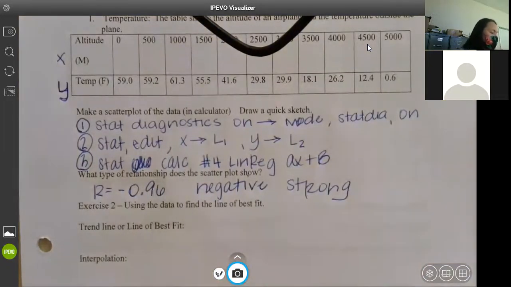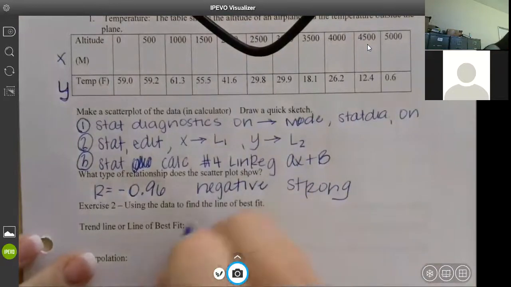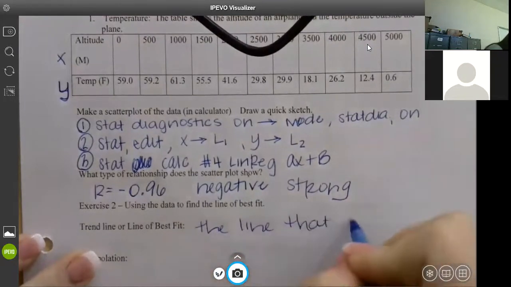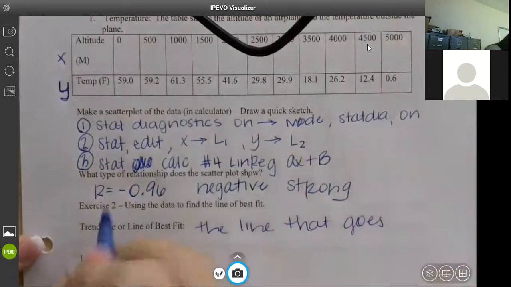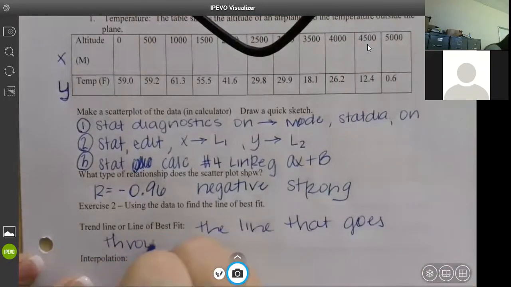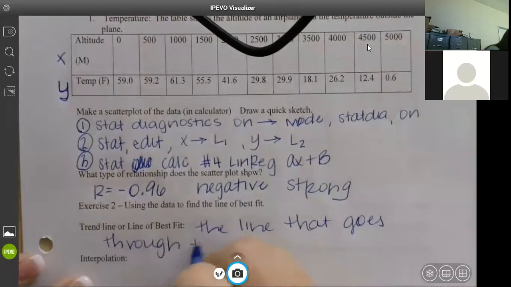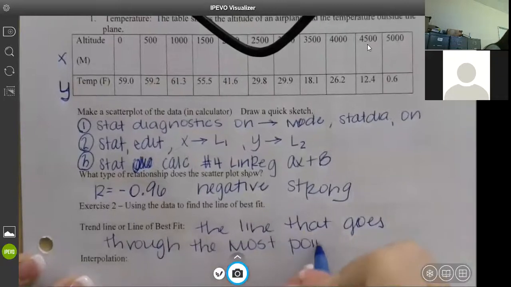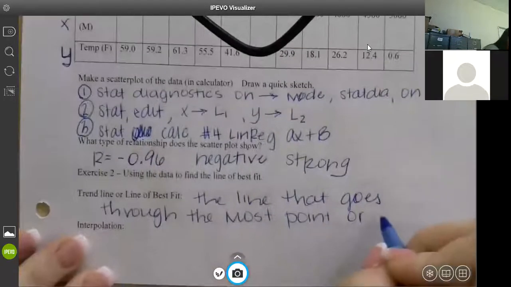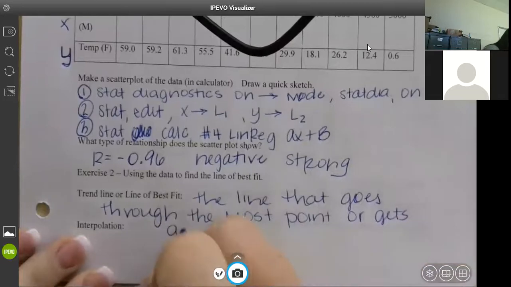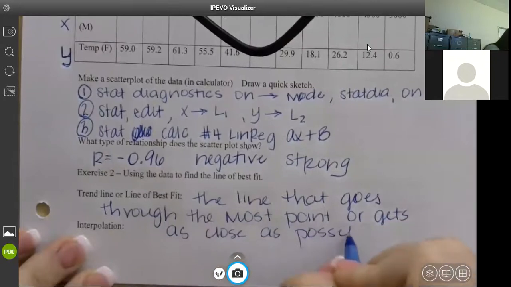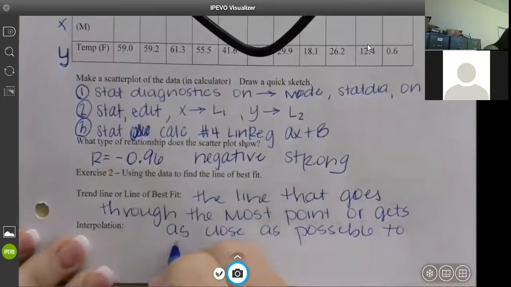Exercise 2 says using the data to find the line of best fit. So the line of best fit is the line that goes through the most points or gets as close as possible to all the points.